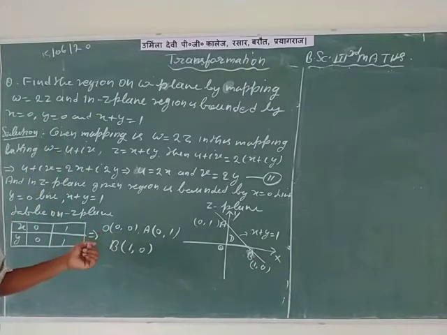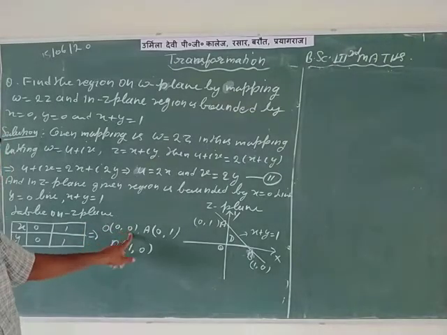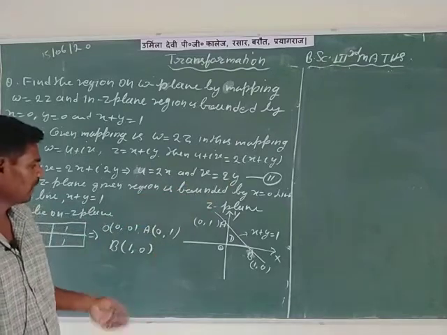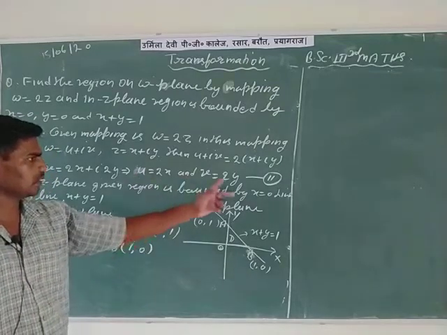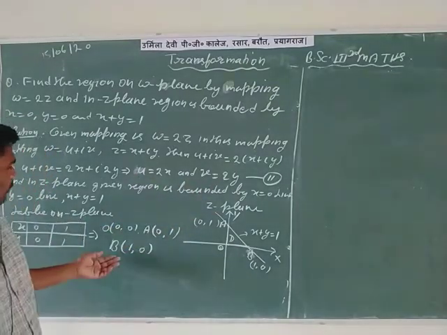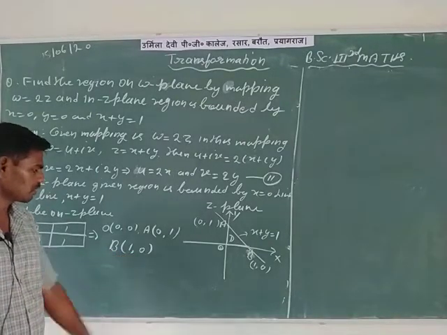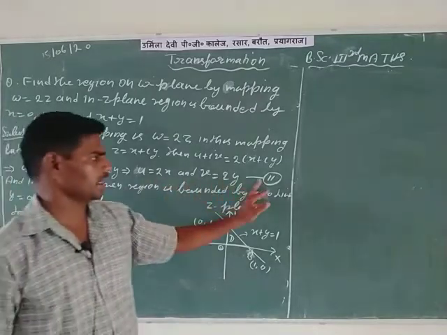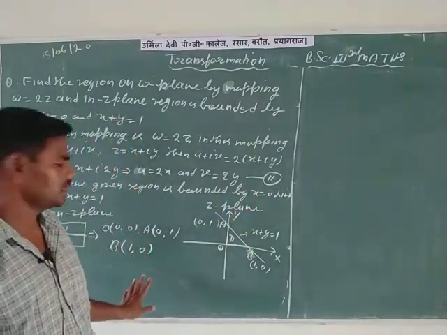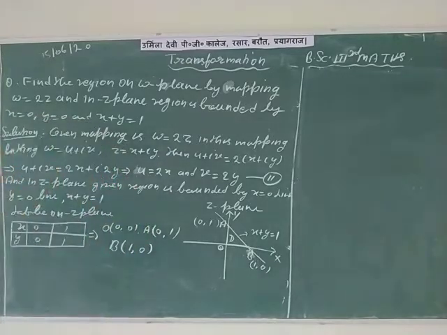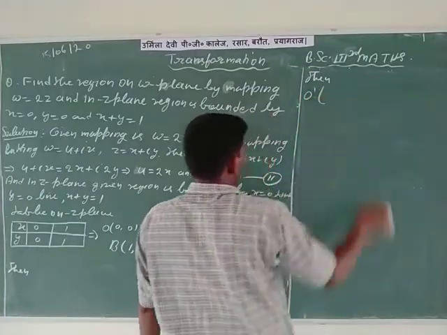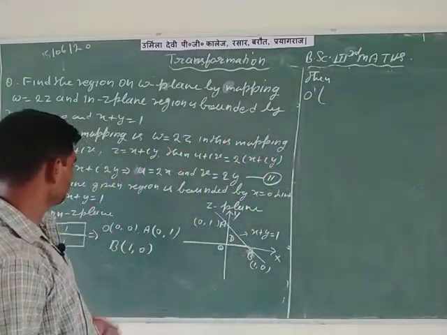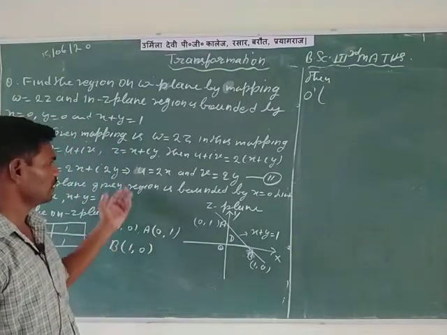Put x is equal to 0 and y is equal to 0 in equation second for O, x is equal to 0 and y is equal to 1 for A, and x is equal to 1 and y is equal to 0 for capital B. First calculate the corresponding points of these 3 points on the W plane. For the point O dash, the corresponding point of the origin O, put x is equal to 0 and y is equal to 0 in equation second.